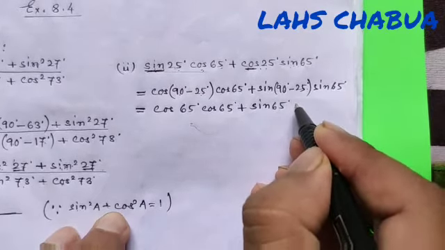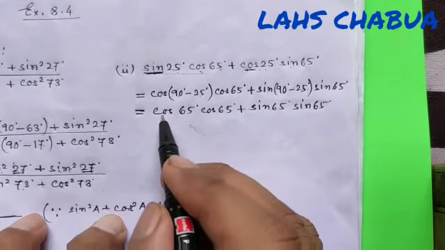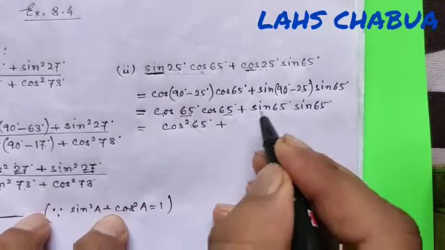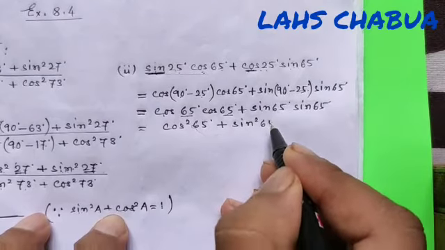You can see, by changing this ratio, what are we getting? We are getting the ratios in a square form, cos into cos. The angle measurements are the same, the acute angles are the same. So cos into cos will become cos square 65 degree, and here sin into sin will become sin square 65 degree.